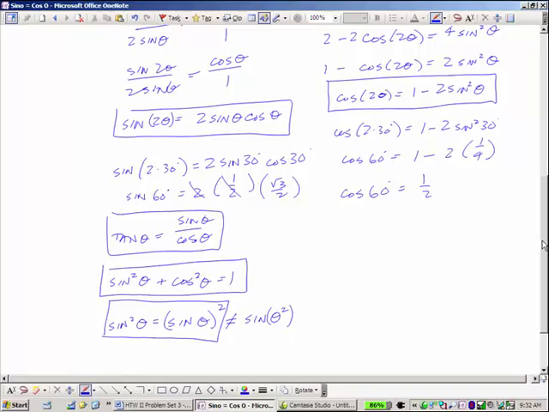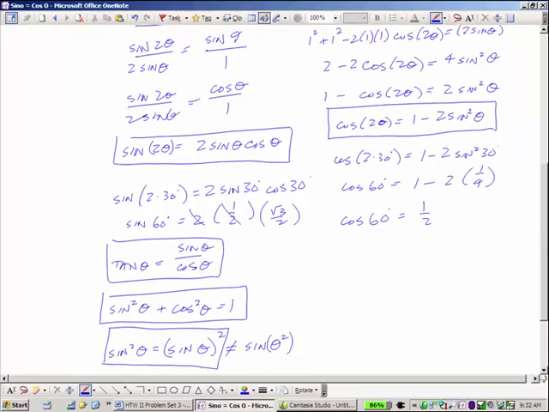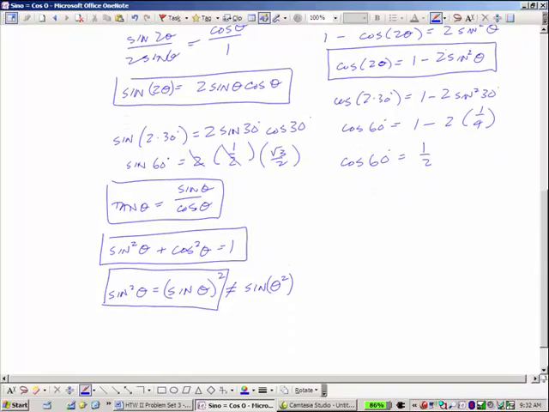Sine 2 theta over 2 sine theta equals cosine theta over 1. Okay. I'm going to plug in for cosine 2 theta.